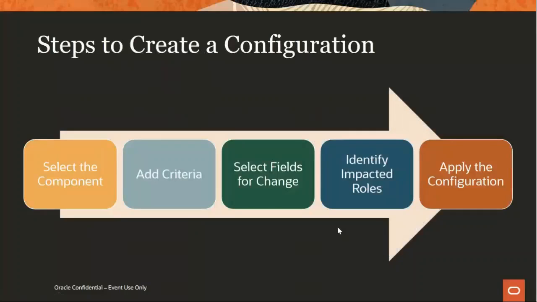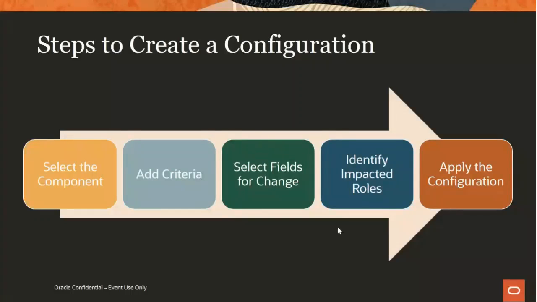Okay. All right. Quick overview of what it takes to actually create a configuration. So this is component based, and you'll see plenty of this today. You select the component, and then we can identify criteria. So this would be field based criteria, so attributes that are available on the page. Then we select the fields that are going to be changed.